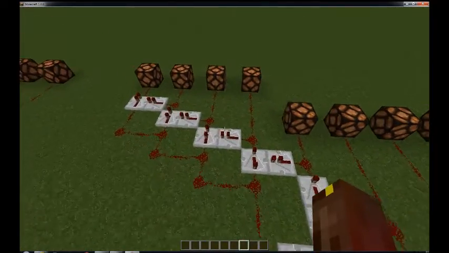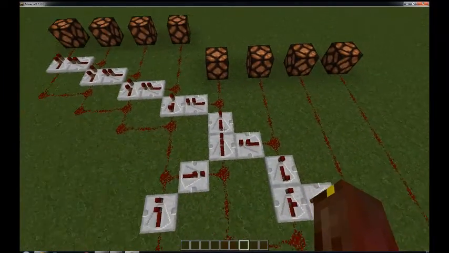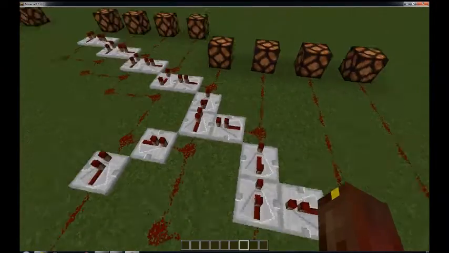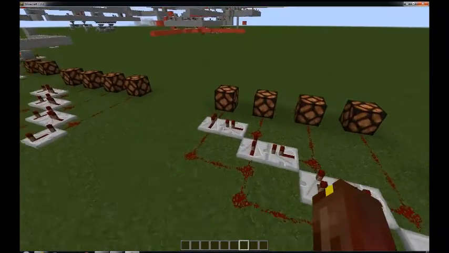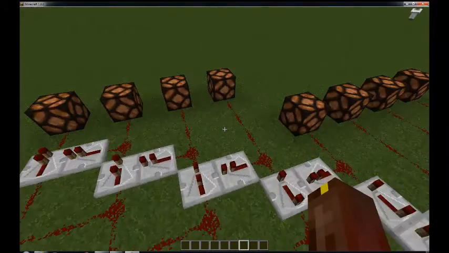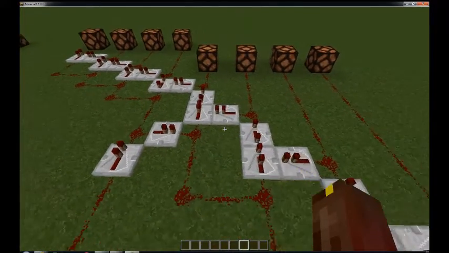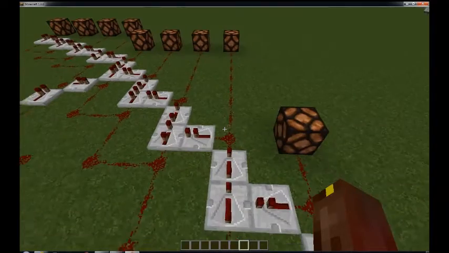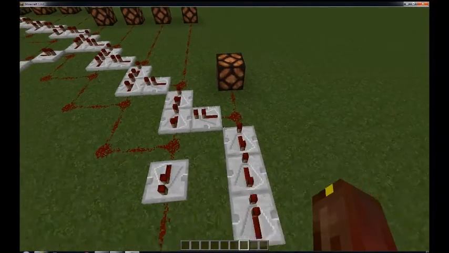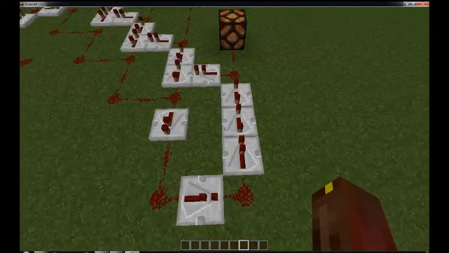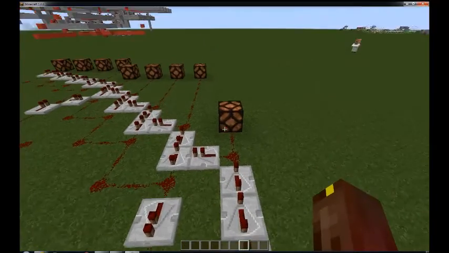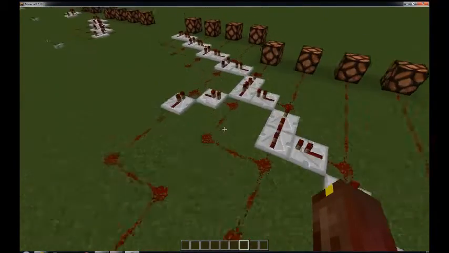Every time that you add on a segment, you have to make sure that your first segment has only 1 repeater on each line going into your outputs, whereas on this line you have 2 repeaters on each line going into your outputs. Also, your third segment has 3 repeaters going out into your output.